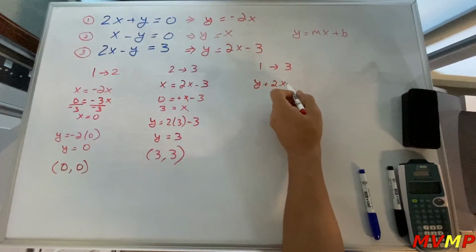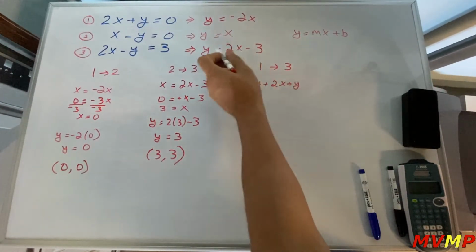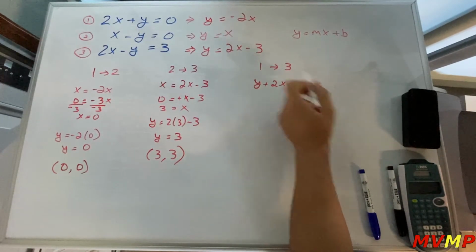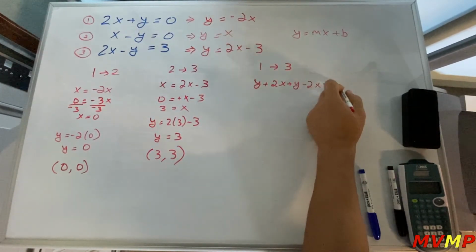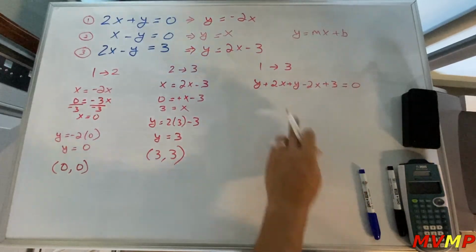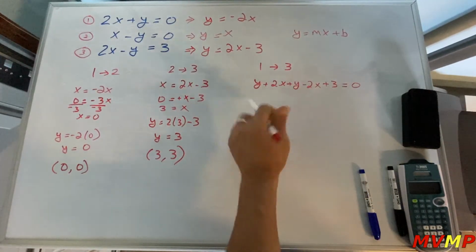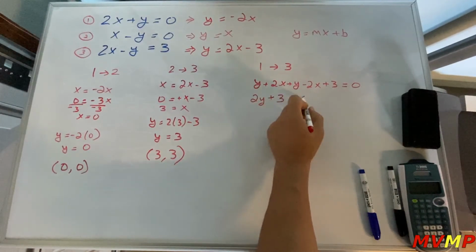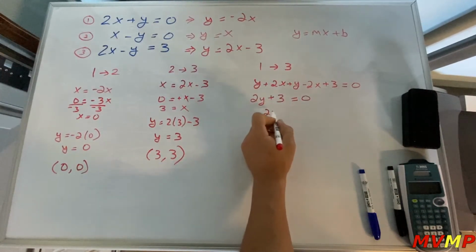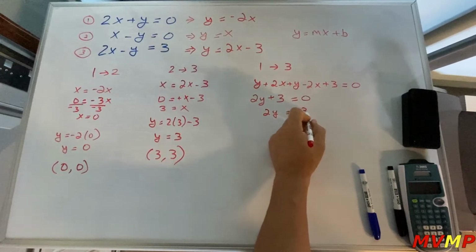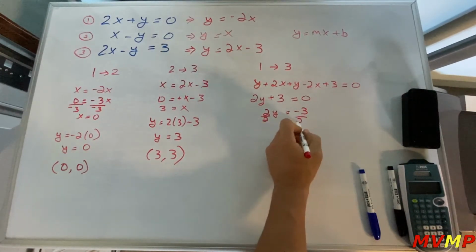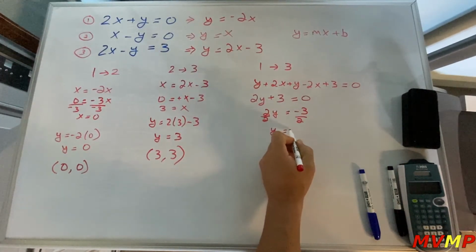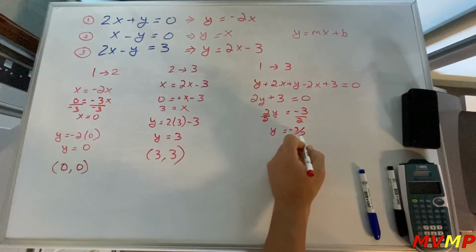And you do this one, positive y minus 2x plus 3, set that equal to 0. The 2x's cancel out, the 2y's add together, plus 3 equals 0, subtract it, negative 3, divide by 2, and you have y equals negative 3/2.